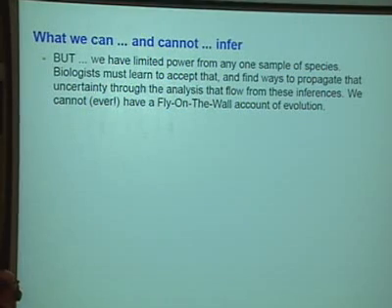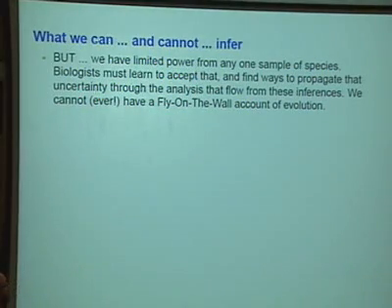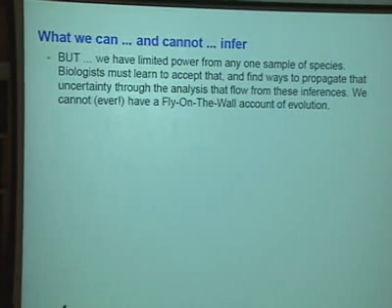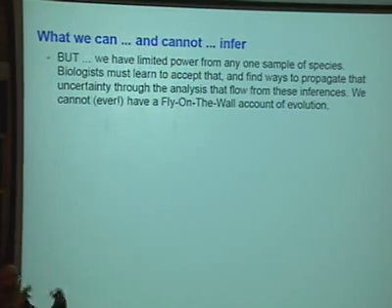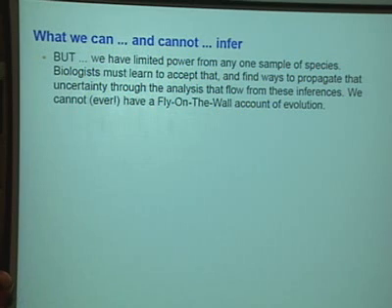One is that with any sample of species, suppose we take 50 species of lizard, and we want to do the analysis. We have to keep in mind that that's just a sample of 50. And there will be limited power to infer the covariation of traits along phylogenies. And I showed you that.